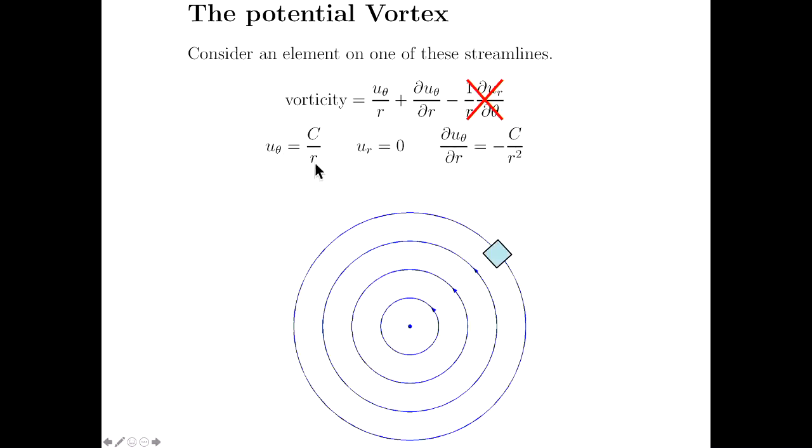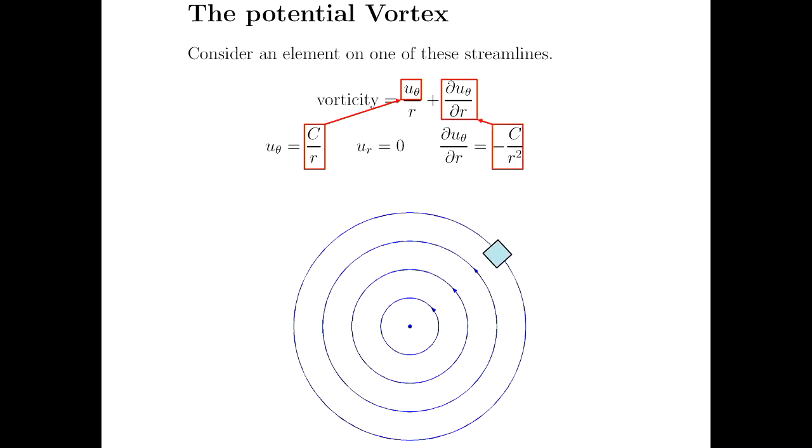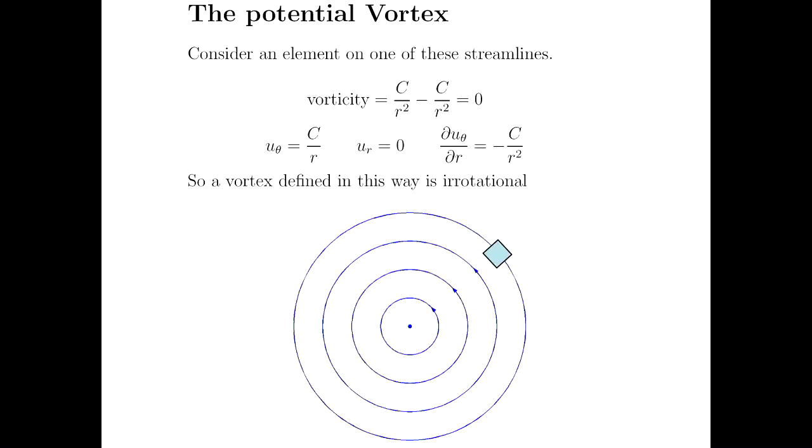Therefore, if I partially differentiate this with respect to r, I get negative c over r squared. I'm just going to substitute my terms back into the equation for vorticity, and hopefully you can see that there is zero vorticity for this potential vortex. So when we define our vortex as such, it is an irrotational potential vortex.